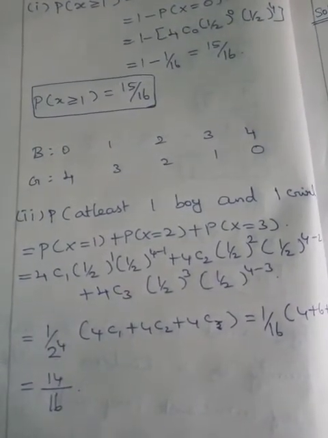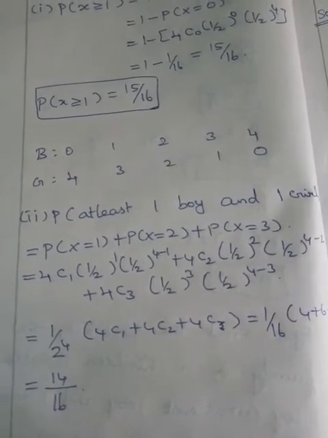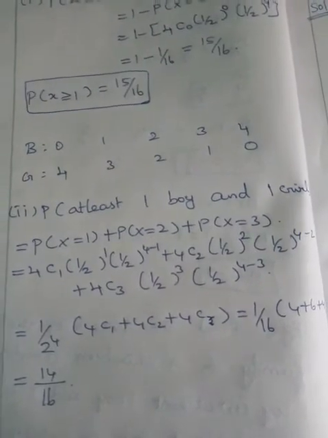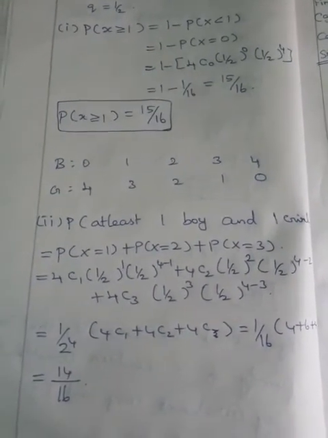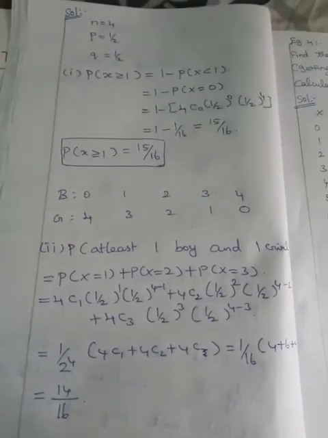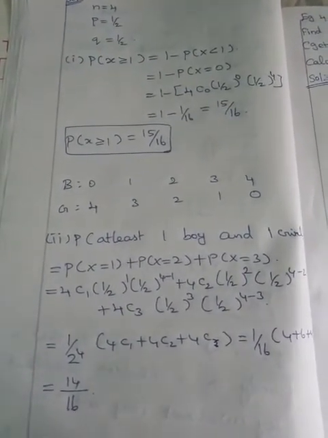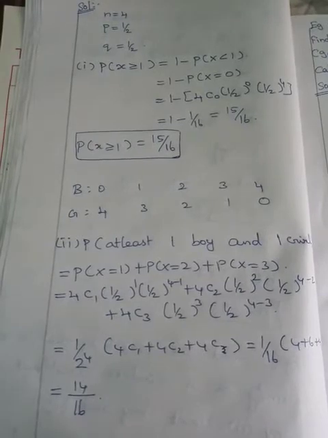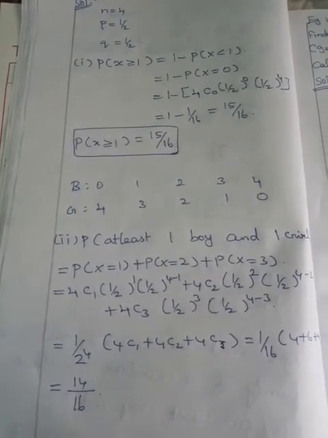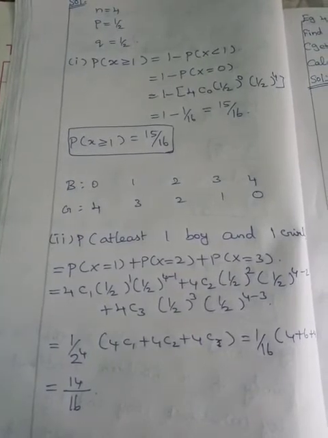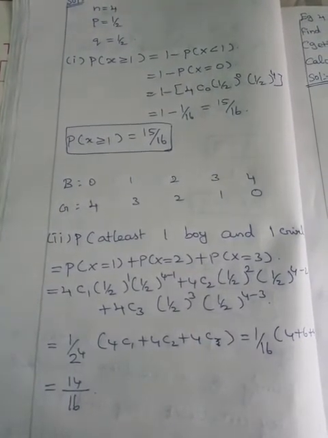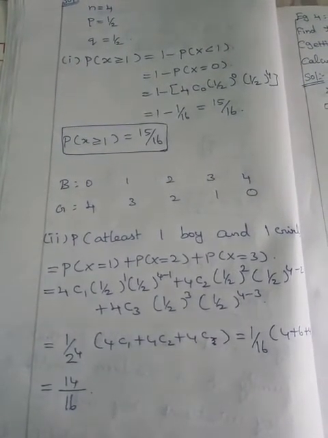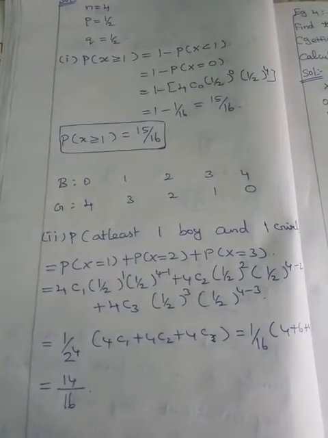Using the formula nCx p power x q power n minus x, we get 4C1 (1 by 2) power 1 (1 by 2) power 4 minus 1 plus 4C2 (1 by 2) power 2 (1 by 2) power 4 minus 2 plus 4C3 (1 by 2) power 3 (1 by 2) power 4 minus 3 is equal to (1 by 2) power 4 times (4C1 plus 4C2 plus 4C3) is equal to 1 by 16 times (4 plus 6 plus 4), which is 14 by 16.